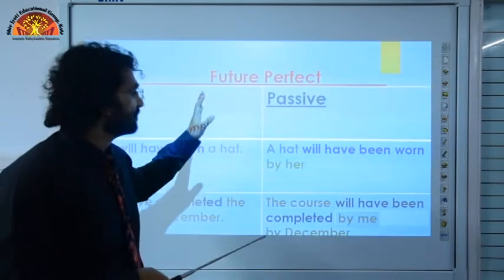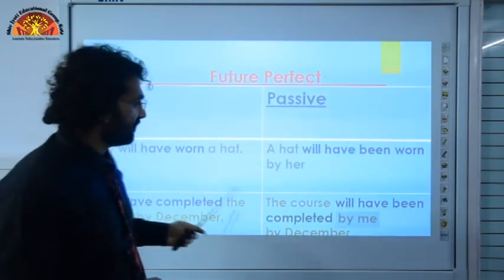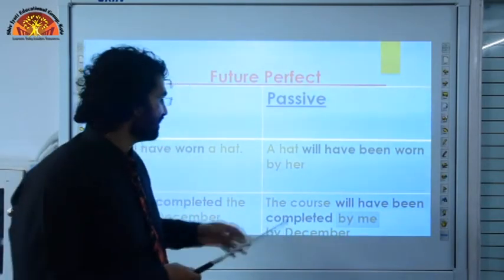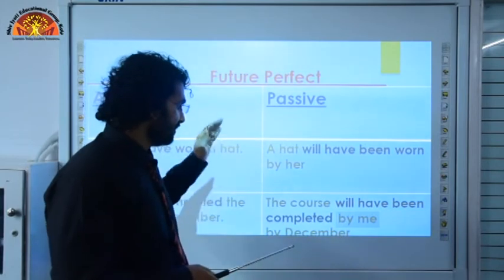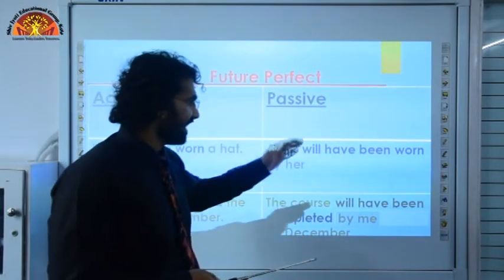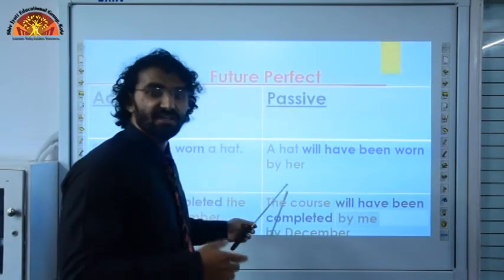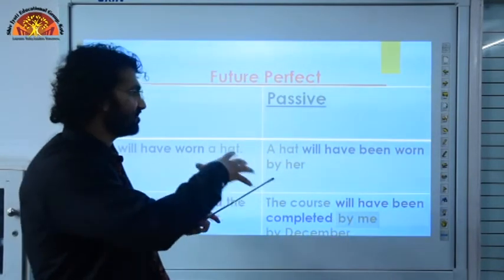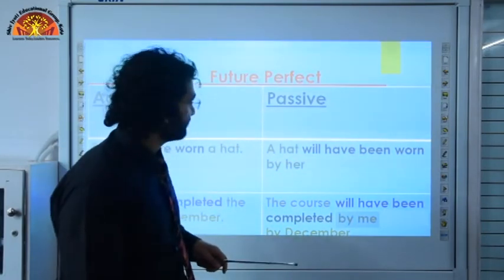Since we have future tense here, we will bring in will have been, then add the third form of verb, past participle, then we will add by, and then the interchange which we already did in the sentence.